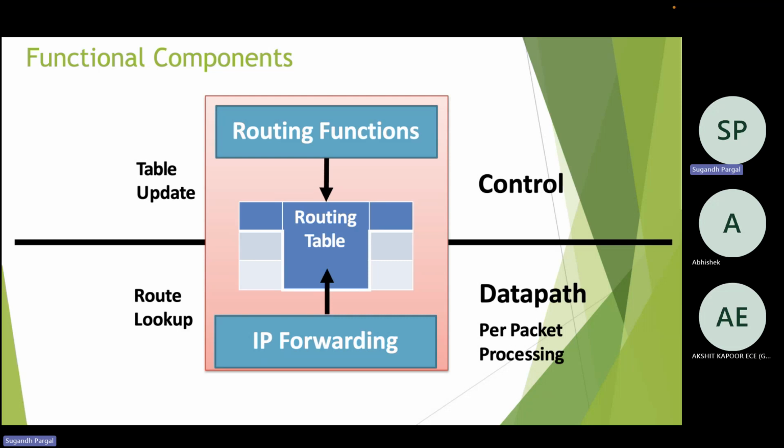And then we have the data plane, which does the per packet processing, that it matches with the routing table with its header, that is the source IP and the destination IP and the source port and the destination port. And after the route lookup, it forwards the packet to the destined location.